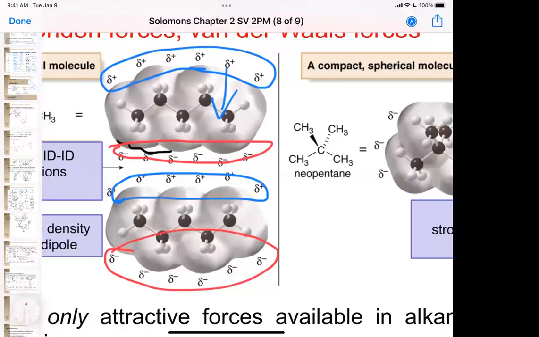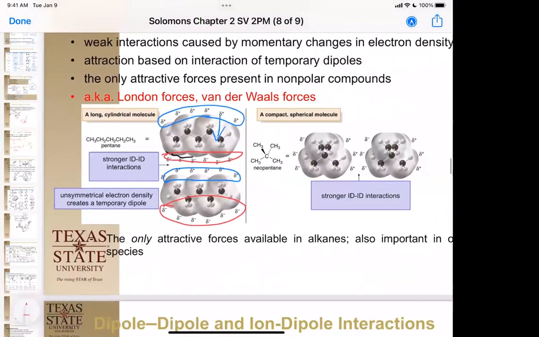holding you together. So in the case of our pentane here, pentane actually boils at 35 degrees. It's barely above room temperature. But the isopentane actually boils lower. Okay?